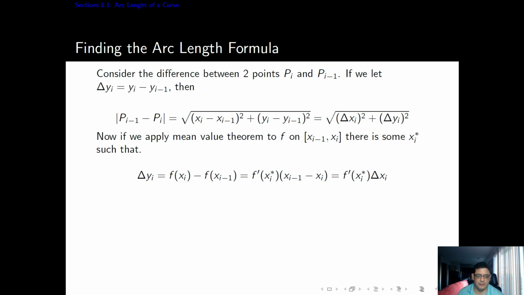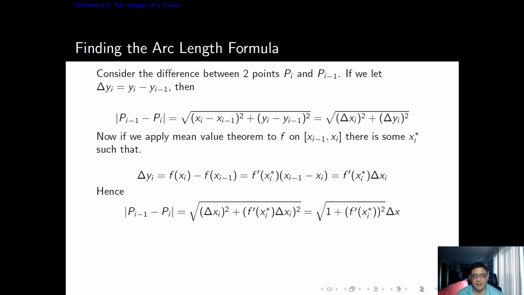So essentially I can see delta y i as f prime of x i star times delta x i. And because we have this relationship, we can replace it in here.